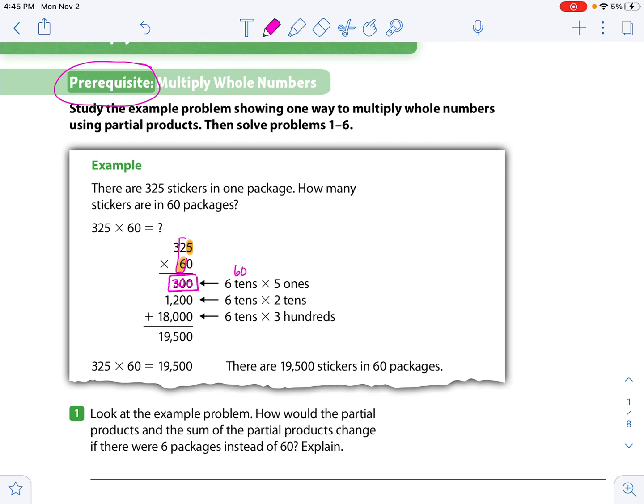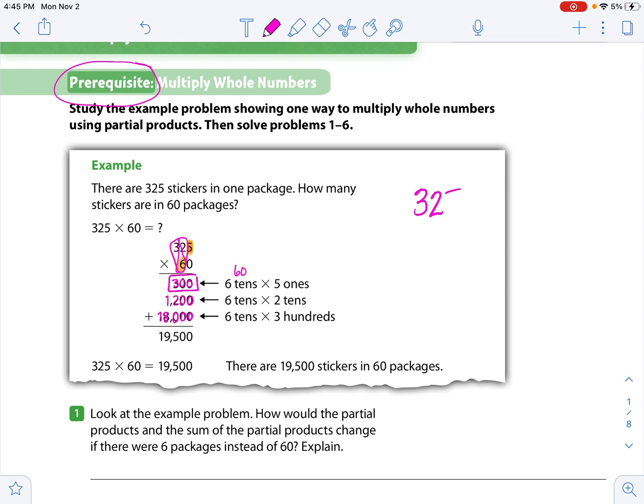Now we've got 6 tens times 2 tens, which is 12 tens, or 1,200 ones. Okay. Now we've got 6 tens times 3 hundreds, so that's going to be 18,000. And add that up.